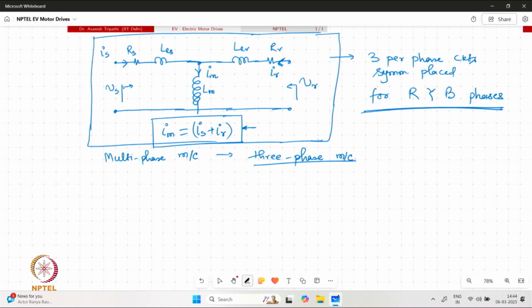Now if we try to write the equation for this system, we need to write equations separately for R, Y, B. That is one way of representing this machine.